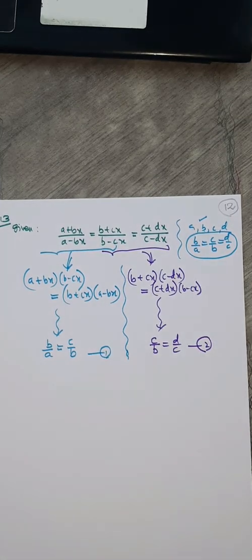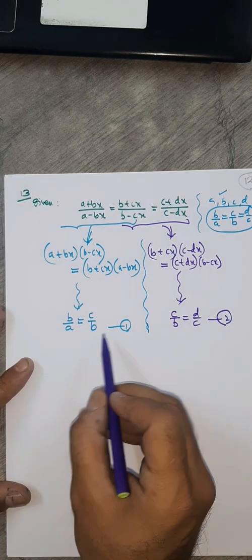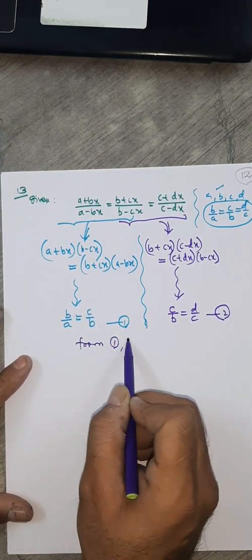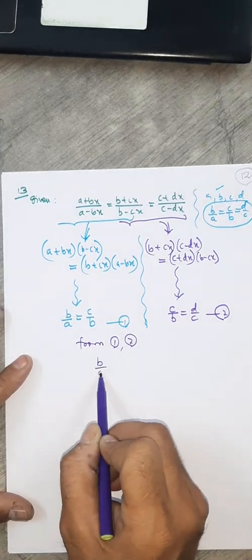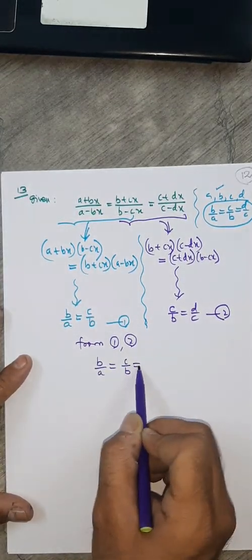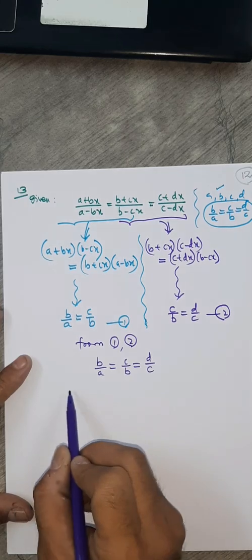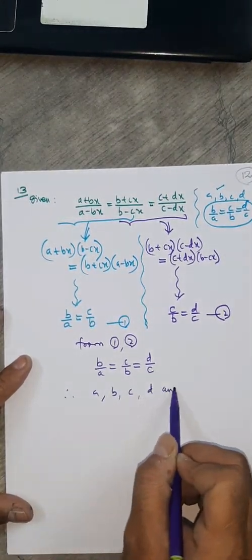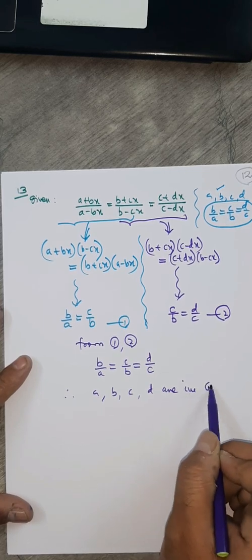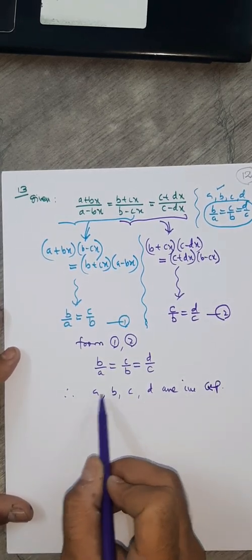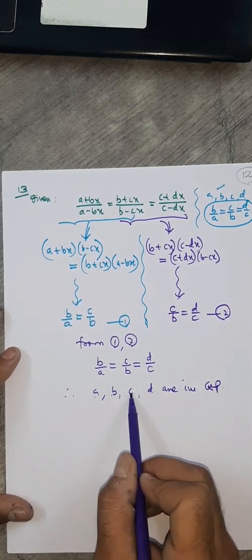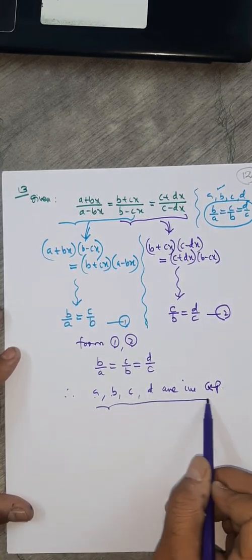Just open the bracket, immediately you will realize this. Okay, and therefore from 1 and 2, these two ratios must be equal. From 1 and 2, b by a equals c by b equals d by c. And therefore a, b, c and d are in geometric progression. Are in GP means this upon this equals this upon this equals this upon this. Right? So therefore this is proved.